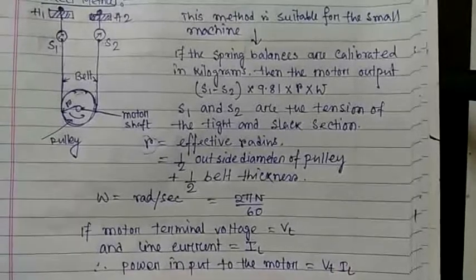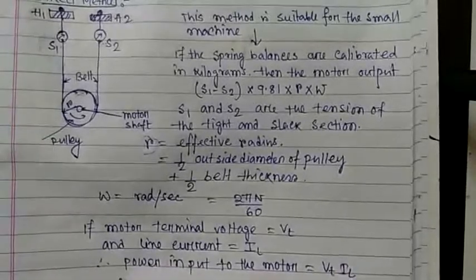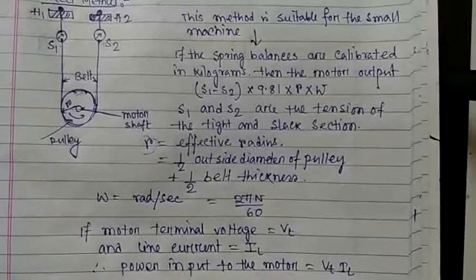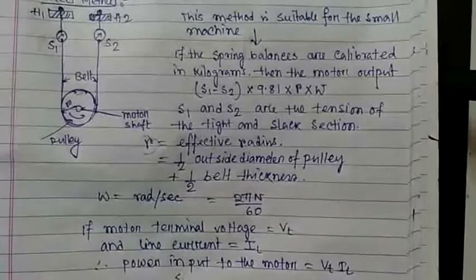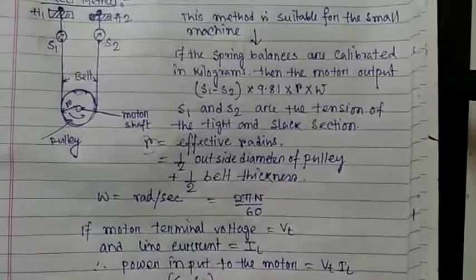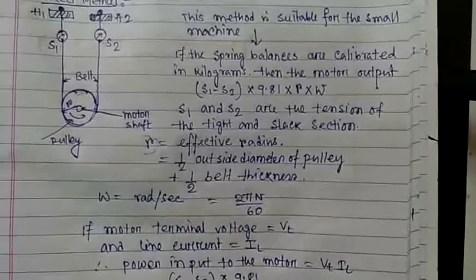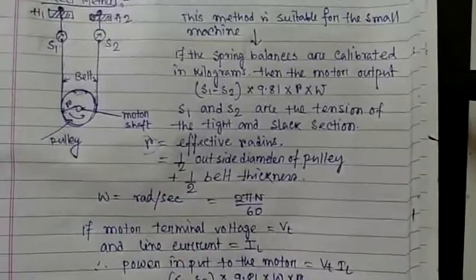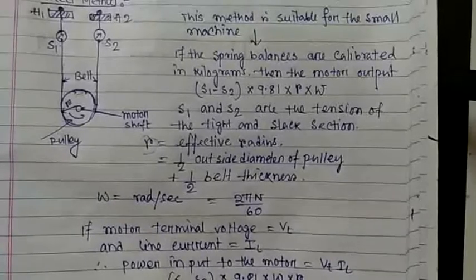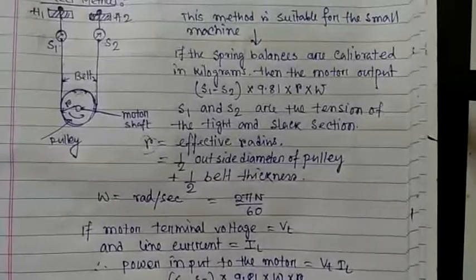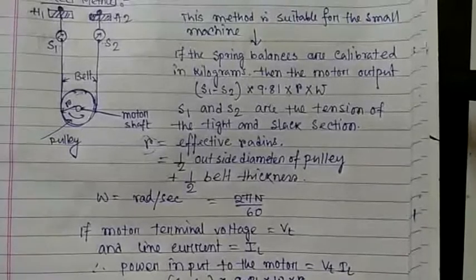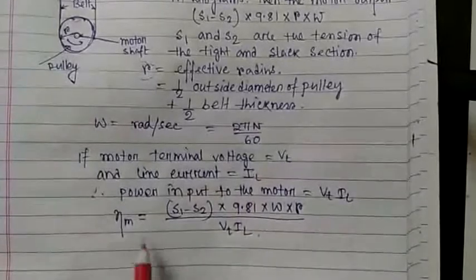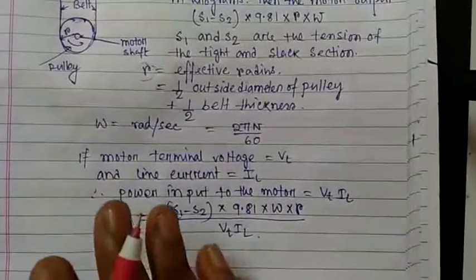Very simple. So the efficiency of the motor is output by input, that is output is (S1 minus S2) into 9.81 into omega into effective radius, divided by Vt into IL. So this is the efficiency of the motor.